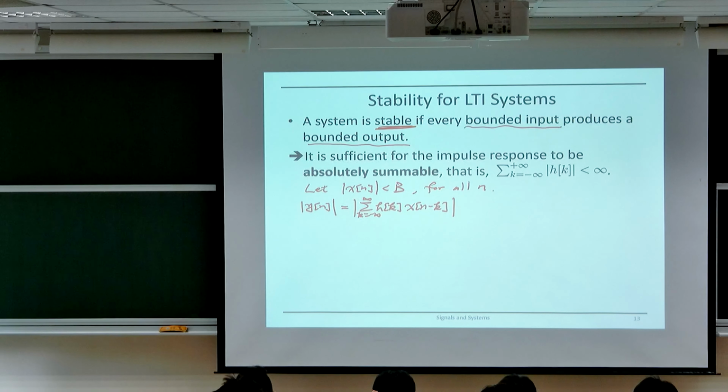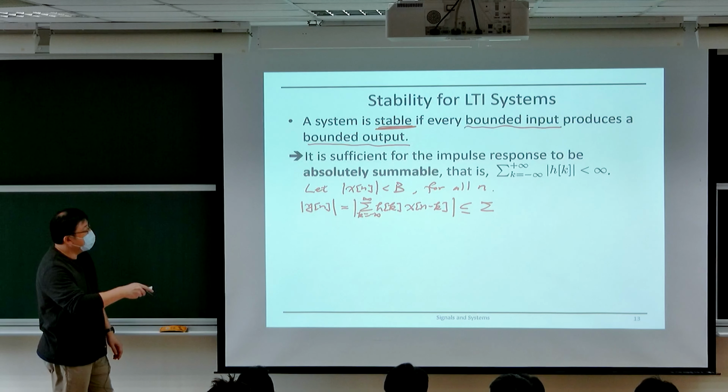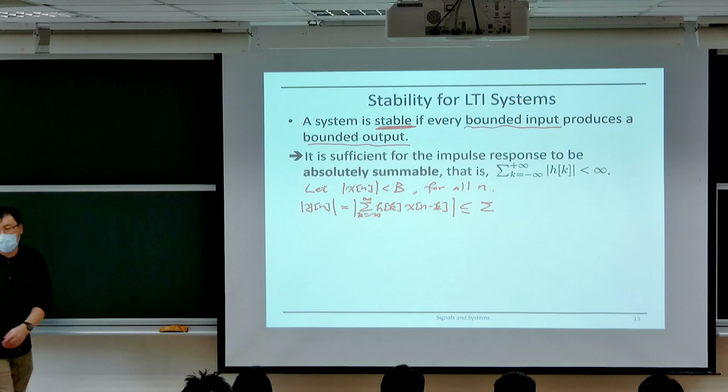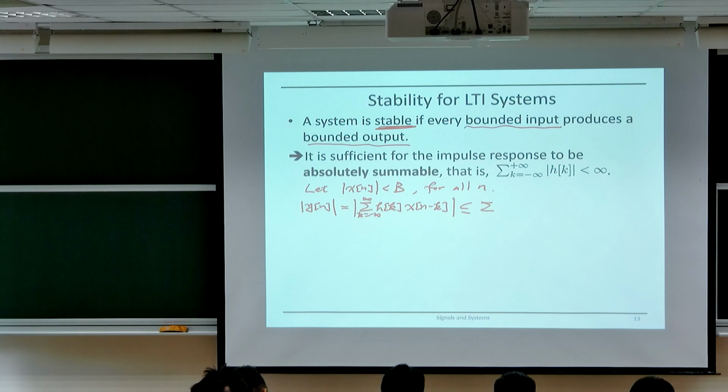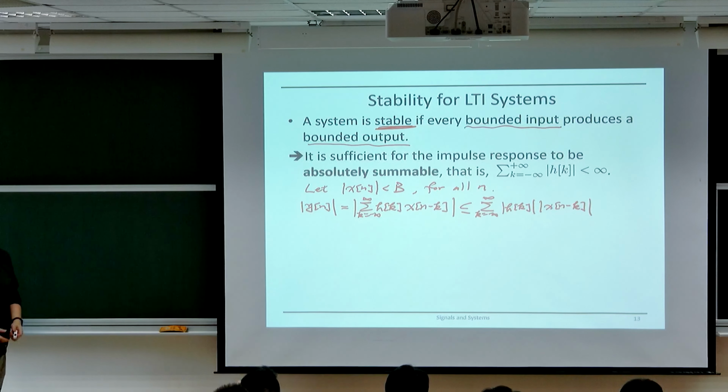Now this can be upper bounded by the summation of the absolute value of the terms inside. So I can bound this by the sum of the absolute value of h[k] times the absolute value of x[n minus k].